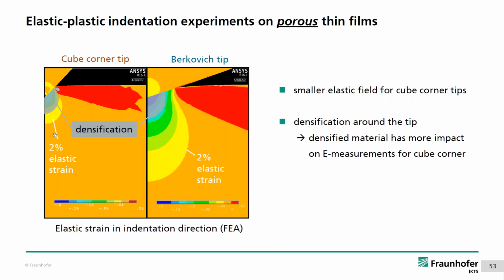And for the cube corner tip with this very small concentrated elastic field, almost all of the elastic field is within the densification area. So you mainly measure densified material, not the material you want to measure. And this is the other way around for the Berkovich tip, where the main part of the elastic field is outside this densification area. So you get mainly the elastic properties of the undensified material that you want to have.